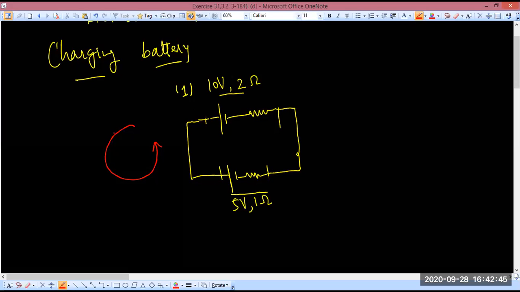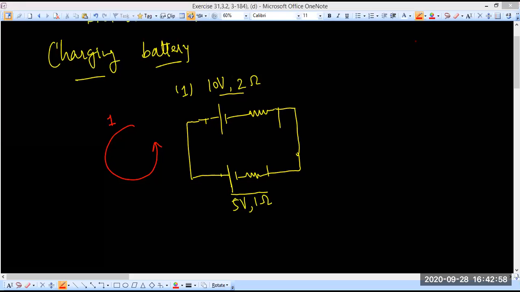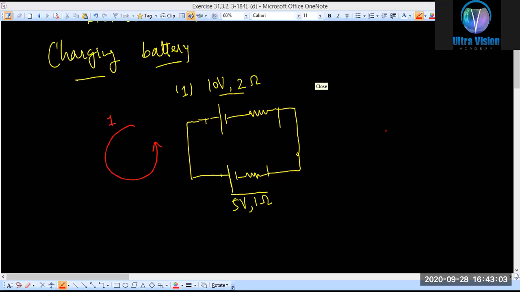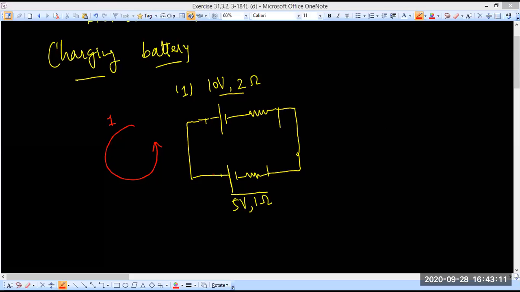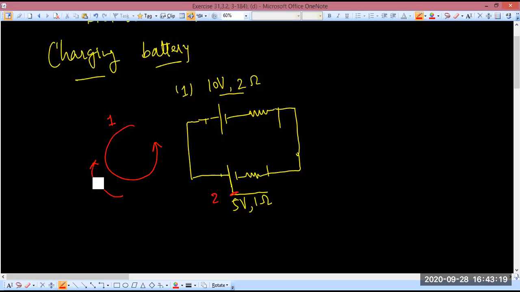But if you look at battery 2, this one will try to make current flow in the opposite manner, in the clockwise manner. That's what battery 2 will try to do.